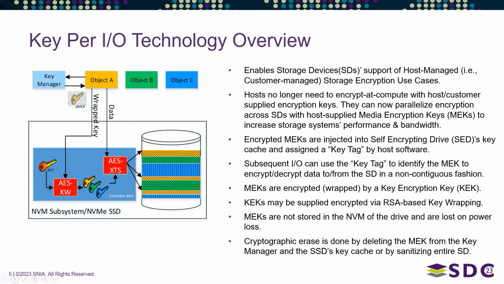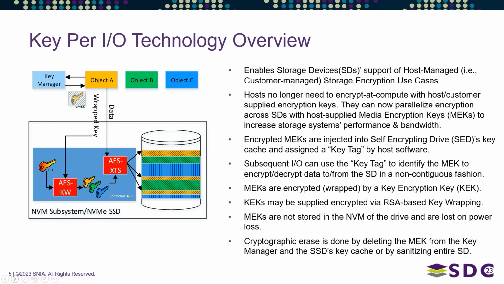If you've only got a single namespace from an NVMe perspective, then you're essentially going to have a wrapping key. Those are used to protect the keys that come down to the drive. If you have multiple namespaces, you'll have a wrapping key, a key encrypting key, per namespace. Then you're moving keys into this key cache prior to using them.